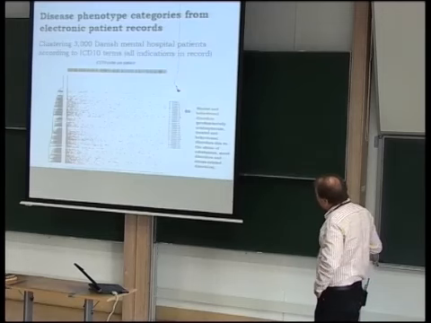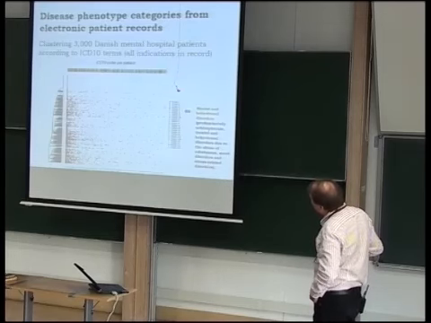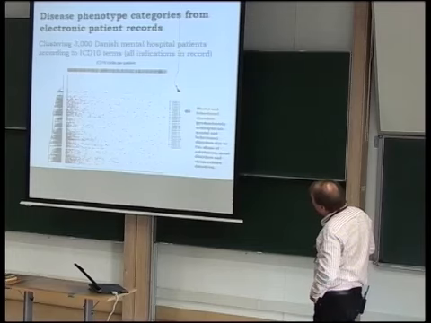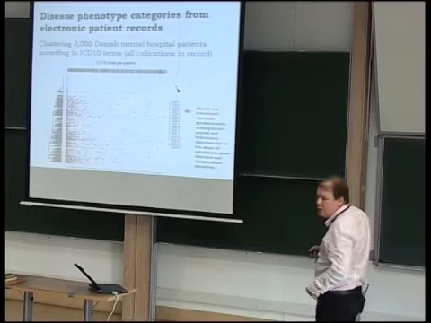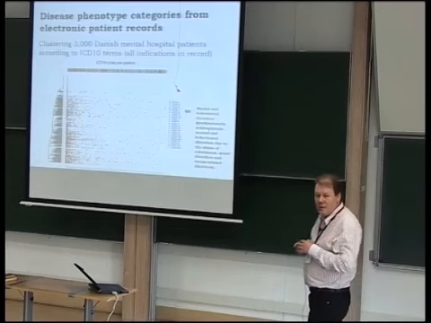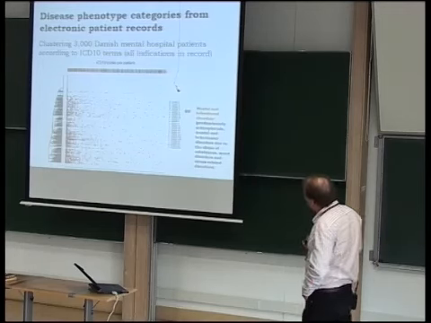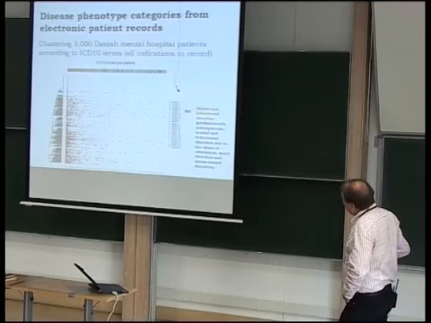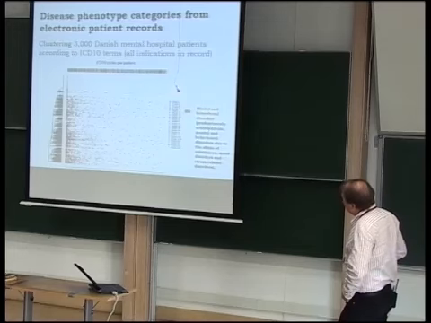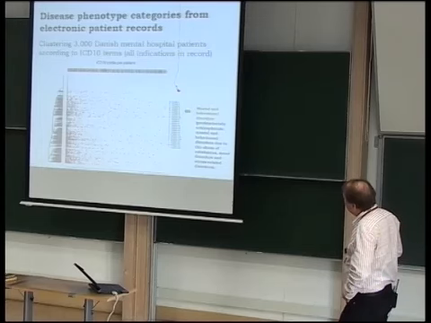But you see here that if you just take the records where you have the disease classification codes, and of course when you are at a mental hospital, you're not only having mental illnesses, you're also having other diseases. So the ICD-10 system is divided into chapters, and chapter 5 is the one with mental and behavioral disorders.